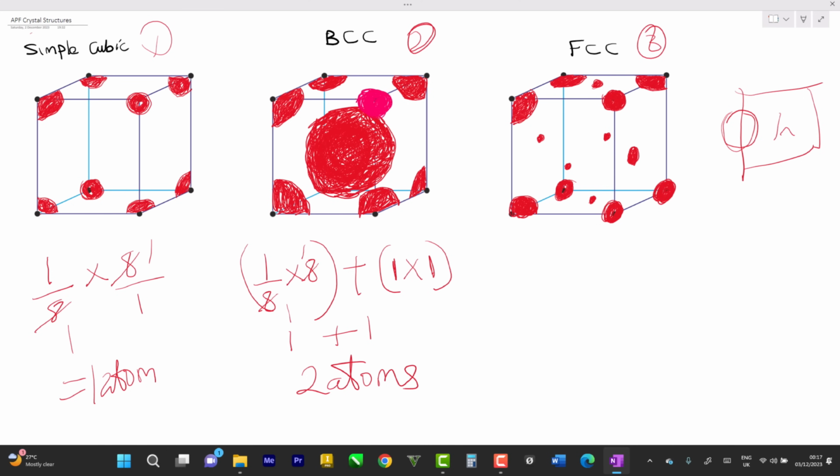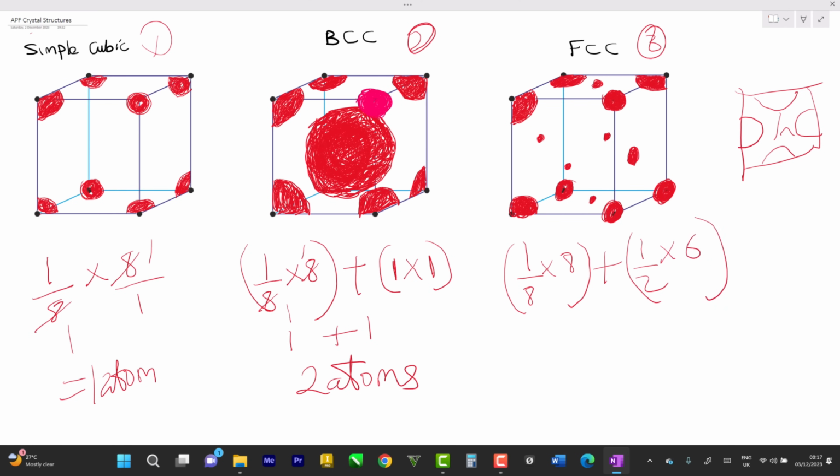So literally what just happened is, inside the cube, we have semicircles. So we take note of it by saying 1 over 8 times 8. Remember how we got that? It came from our simple cubic. It has 8 atoms at its corners, plus 1 over 2 times 6.